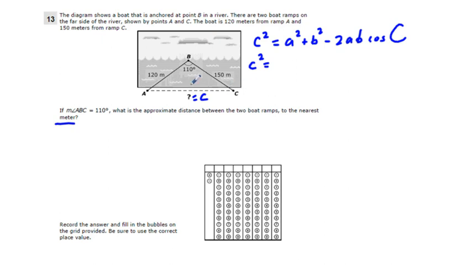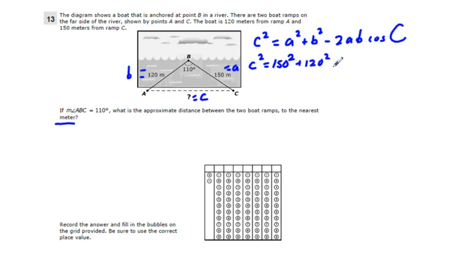We'll call this other side B, plus 120 squared minus 2 times 150 times 120 times cosine 110 degrees.